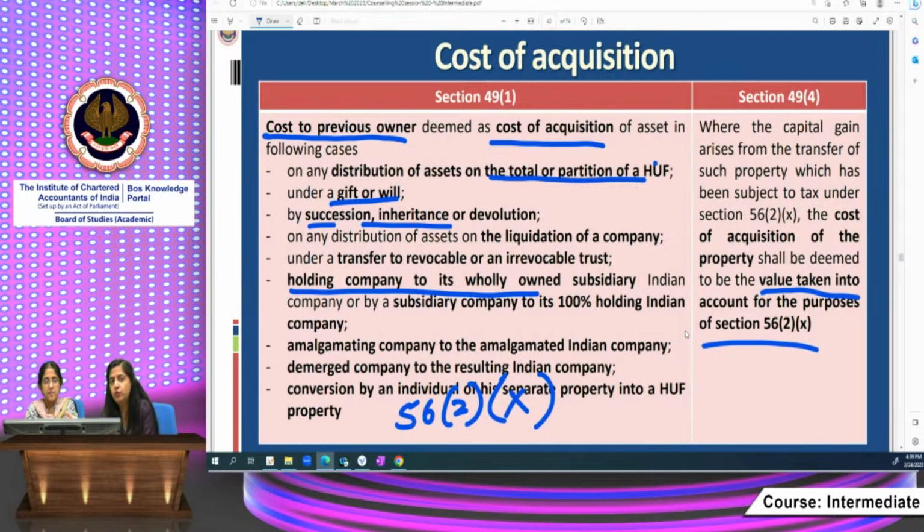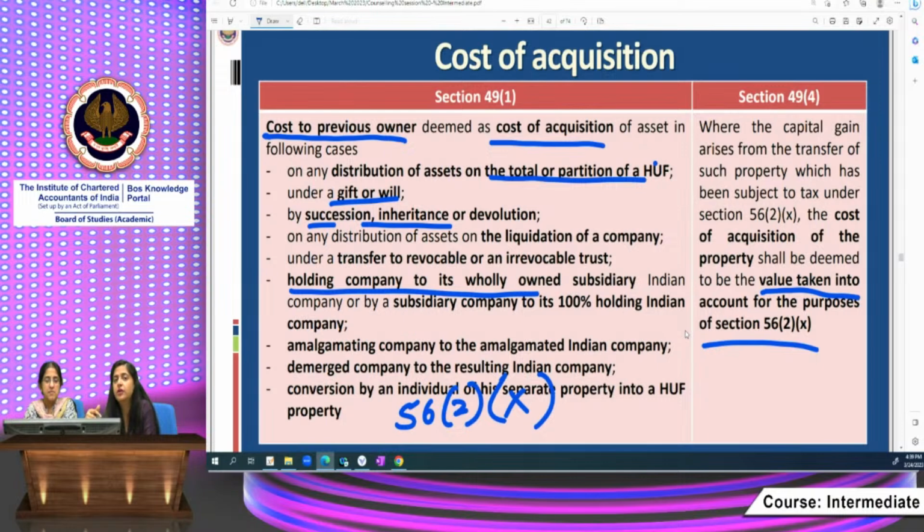In respect of movable property, if it is received for inadequate consideration, and the difference between the fair market value and the actual consideration exceeds 50,000, then the difference will be taxable under the head income from other sources. If it's a gift, without consideration, and the fair market value exceeds 50,000, then it will be taxable under the head income from other sources.